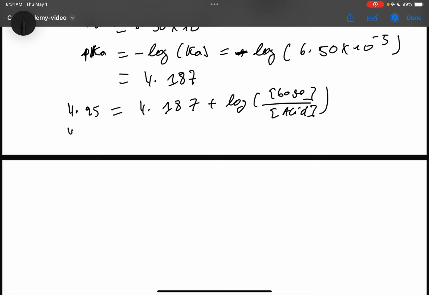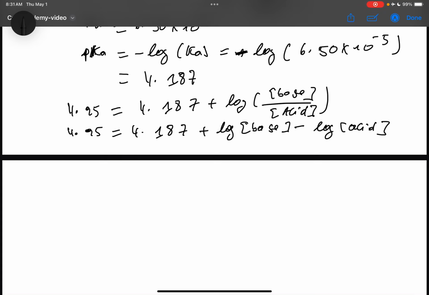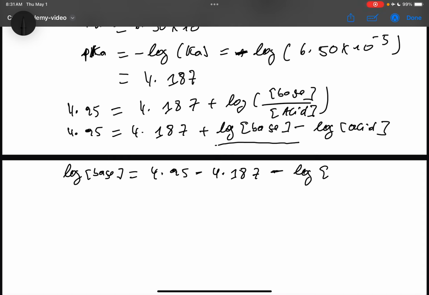This is equal to 4.25, which is equal to 4.187 plus log of the base minus log of the acid. We can isolate this term here. We have log of the base, which is equal to 4.25 minus 4.187 minus log of the acid.